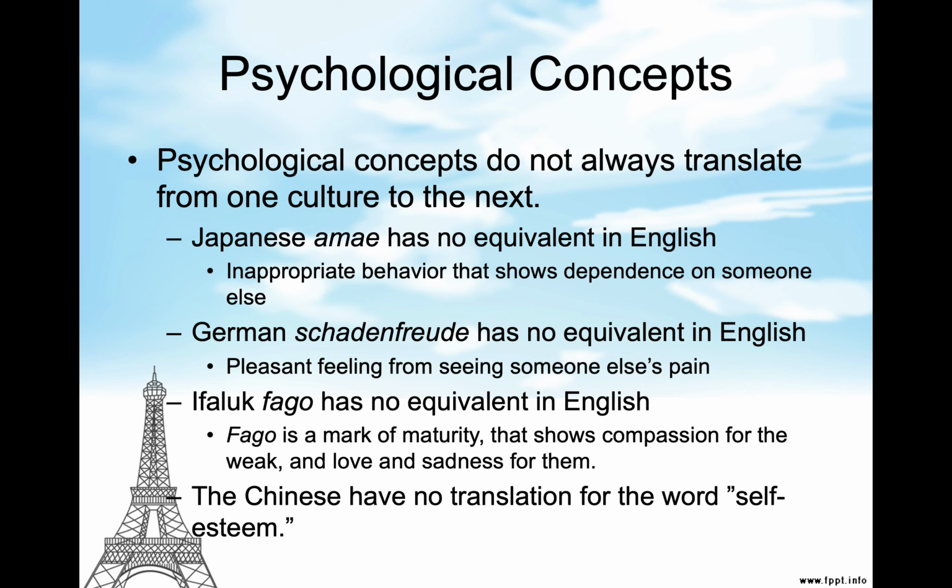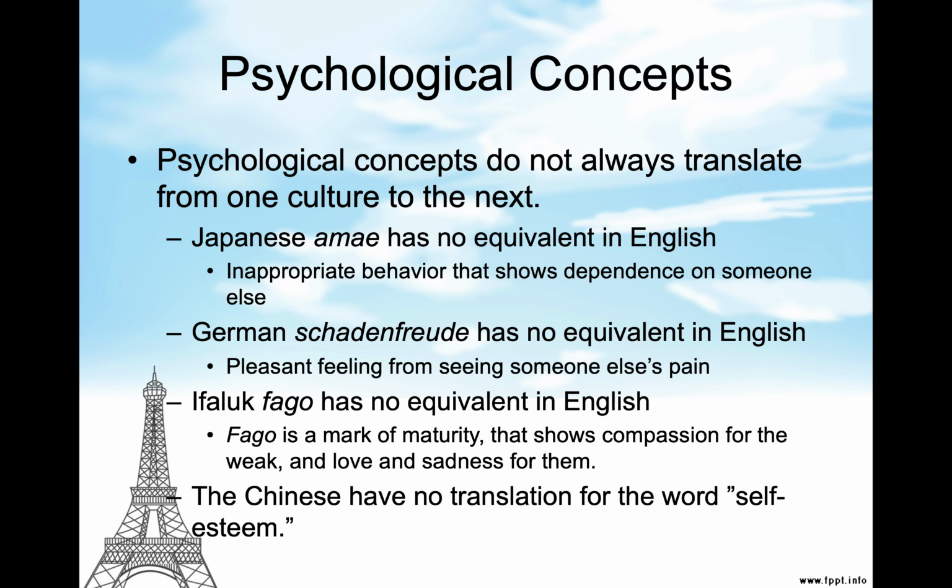Psychological concepts do not always translate from one culture to the next. The Japanese have something they refer to as ame, which has no equivalent in English. I guess codependence would be a good example, but we consider codependence a pathology, and they don't consider ame a pathology at all.